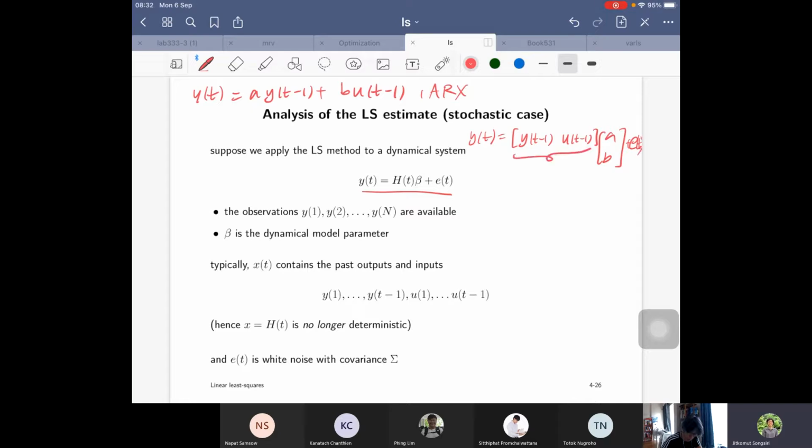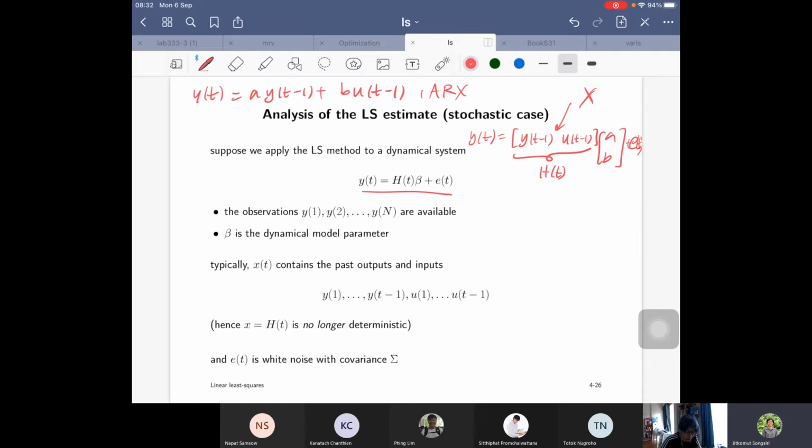You see that the regressor matrix, which will be called h_t right now, contains the measurements of y and u. So this is the same as the regressor matrix X we used before.